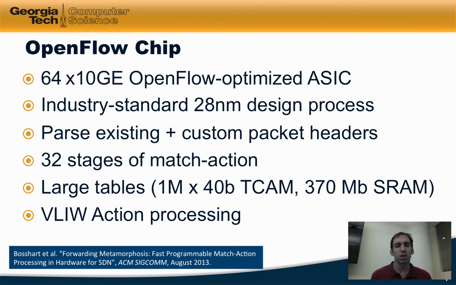The OpenFlow chip design is a recent design exercise to see whether a chip could parse existing and custom packet headers and perform a number of sequential stages of match action to build a much more flexible hardware data plane. Let's take a quick look at the design of this chip.